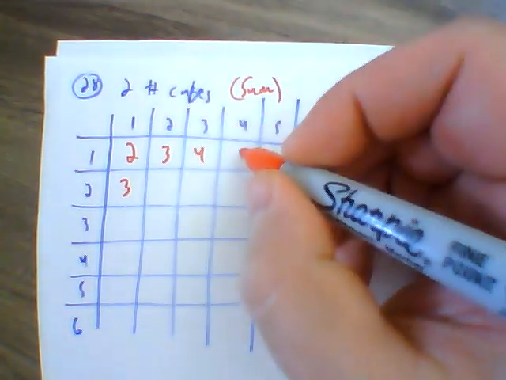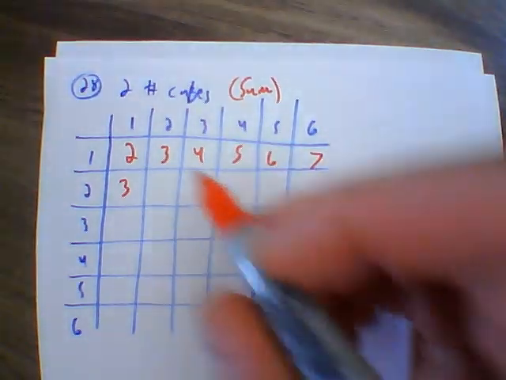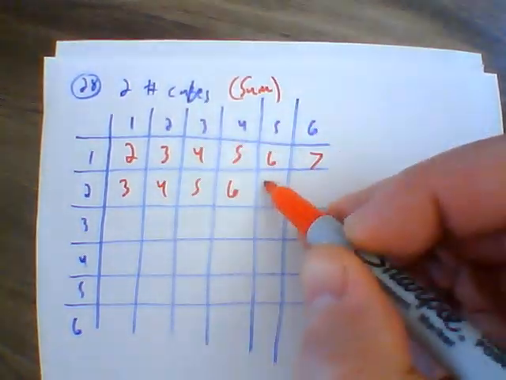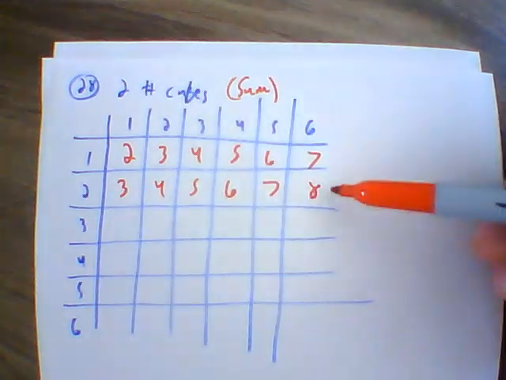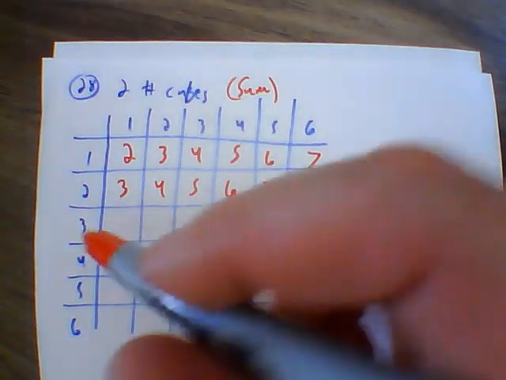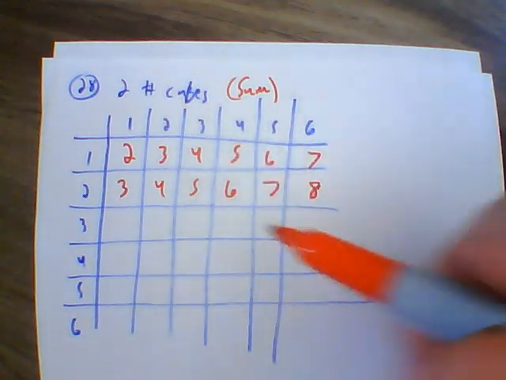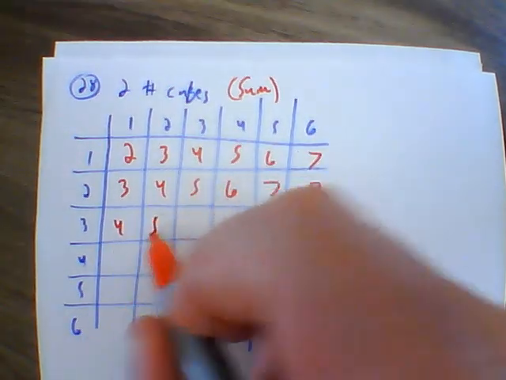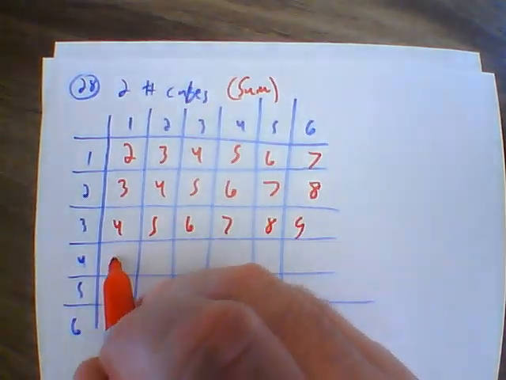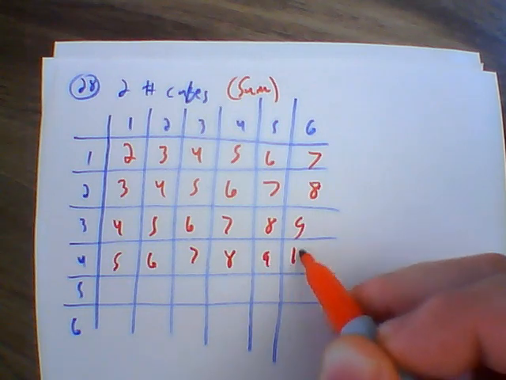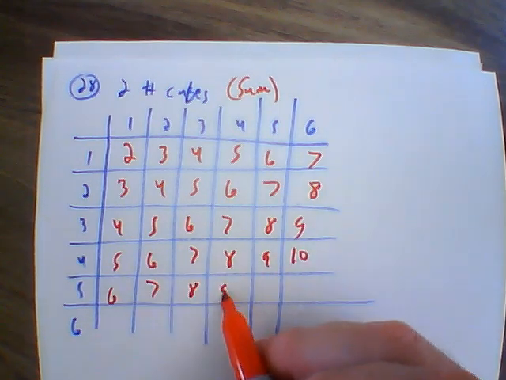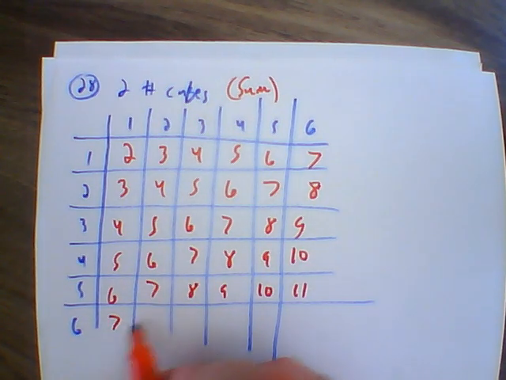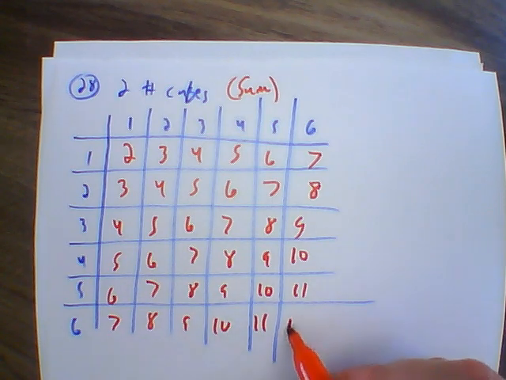So we see this then is 4, 5, 6, 7. 4, 5, 6, 7, 8. Once again, 2 plus 6 is 8. I hope I'm not going through this too fast, but I don't want to waste too much of your time. So 4, 5, 6, 7, 8, 9. 5, 6, 7, 8, 9, 10. 6, 7, 8, 9, 10, 11. 7, 8, 9, 10, 11, 12.